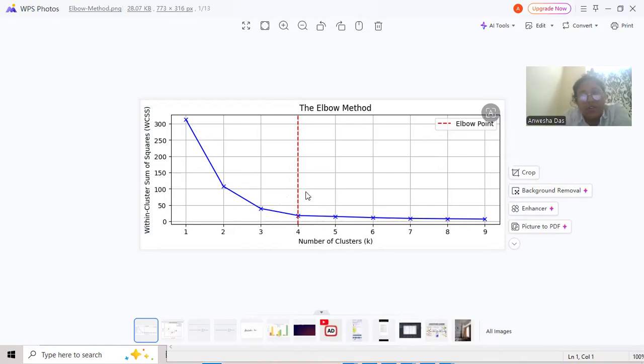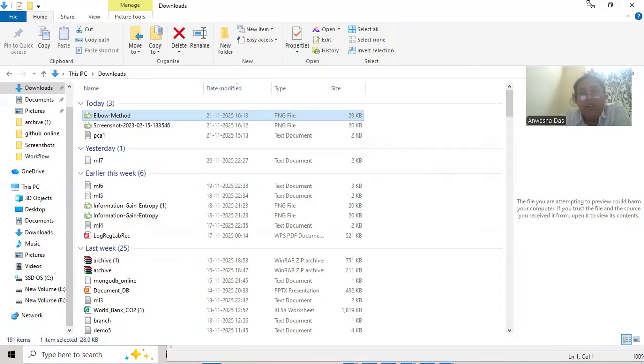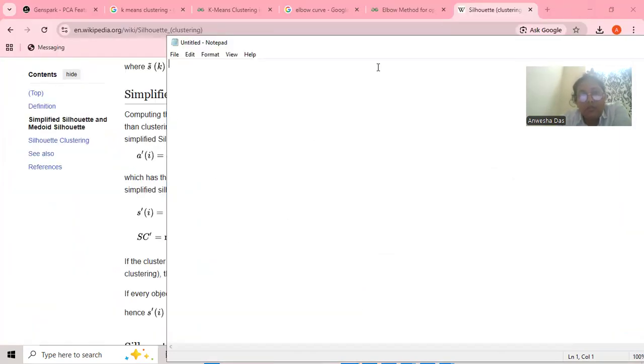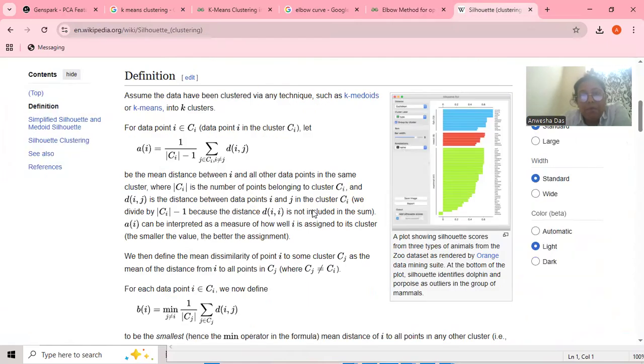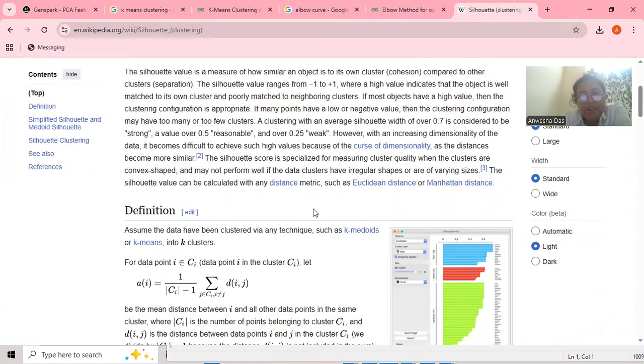And there is a concept of how I will check or validate the performance of K-means. For that, we have a silhouette score. Just a minute. I have opened the Wikipedia page. You can refer to the Wikipedia page.